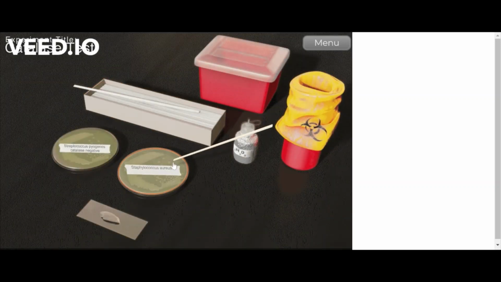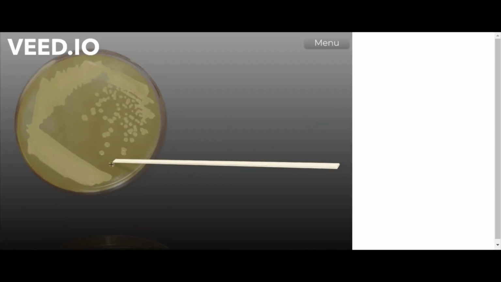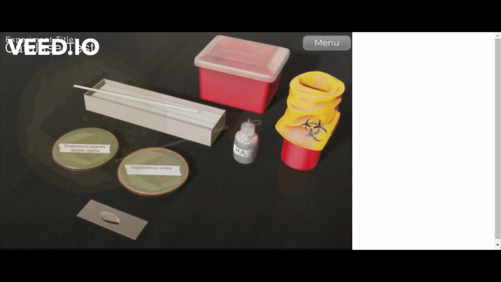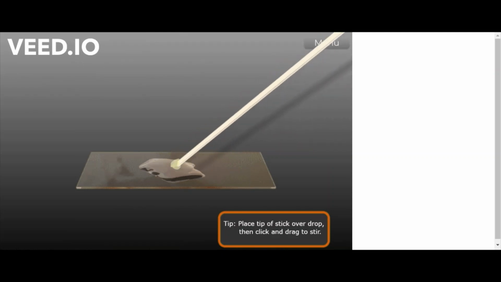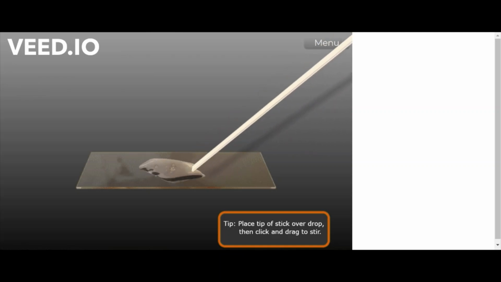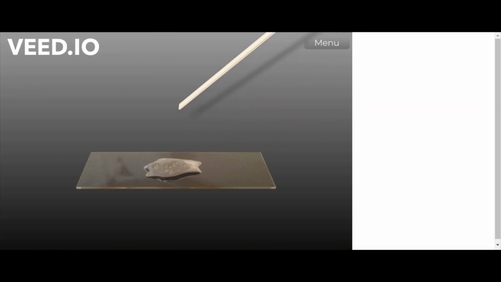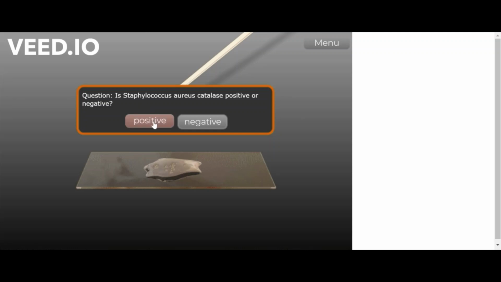Then I will use a toothpick to pick one colony. And then I will mix the bacteria into the H2O2 and observe. As you can see, there is already bubble forming on top of the slide. So it will be considered as catalase positive.